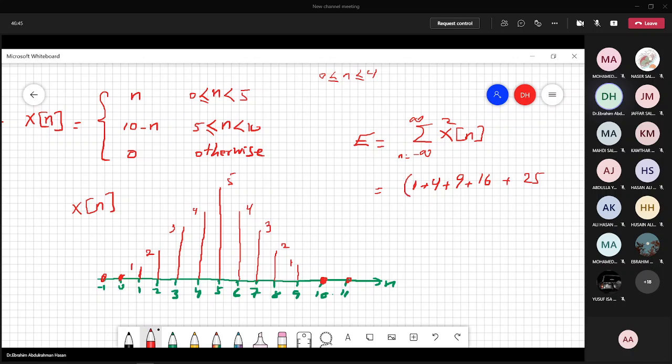So I can write this and multiply it. Then it is equal to 16, 20, 30, 60, 85. Energy is finite, and P is equal to total energy divided by infinity, which is equal to 0, and this signal is energy signal.